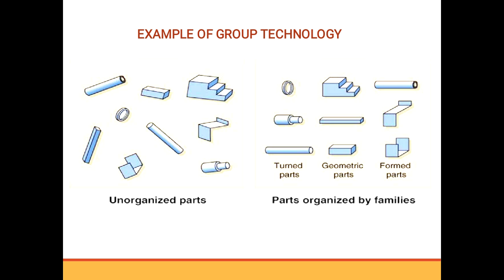Now let us see an example of group technology. On the left side we see the unorganized parts. There are many parts and they are scattered, so they are manufactured randomly. Now if we look at the similarities in these parts, or we can say the part families, we can classify these parts: which parts are to be turned on lathe machines, which parts have geometric similarities, and which are the formed parts.